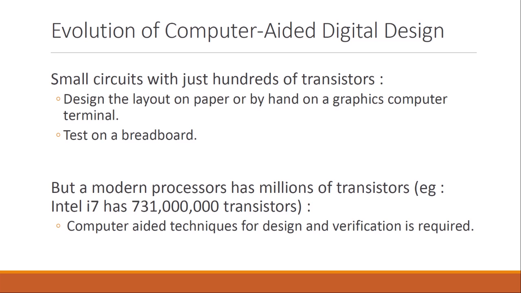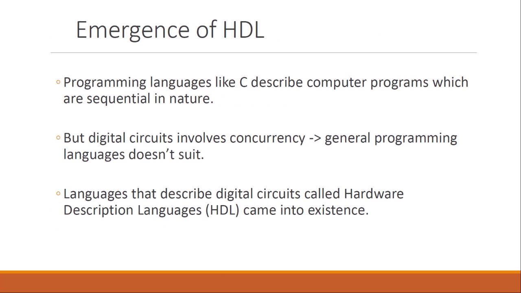So to design and implement these kinds of circuits, computer-aided techniques have emerged. HDL is one of the prominent techniques that have emerged to design and verify digital circuits using computer-aided techniques.